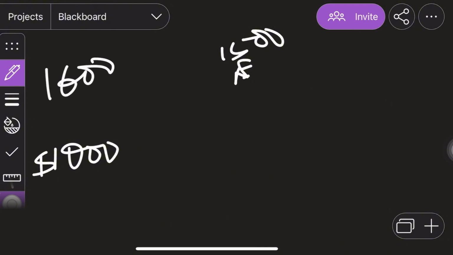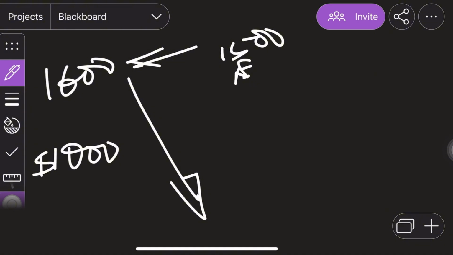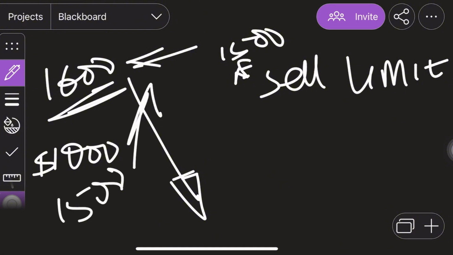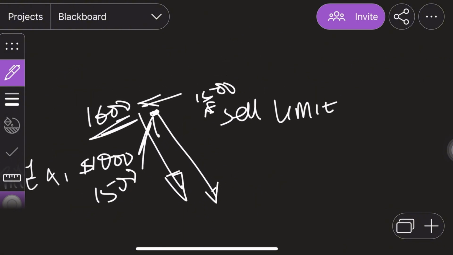Anytime naira gets to 1,600, the platform should automatically execute a sell for you. So you don't need to be watching price to actually move. You just set your limit order here. This one is called the sell limit. So what will happen is once price moves from 1,500 and gets to 1,600, your sell will be executed. And if the market continues coming down, you will make money. So this is the rundown of the limit orders.